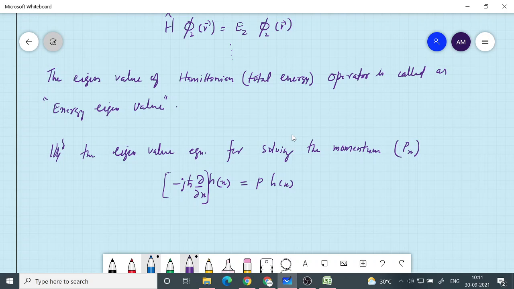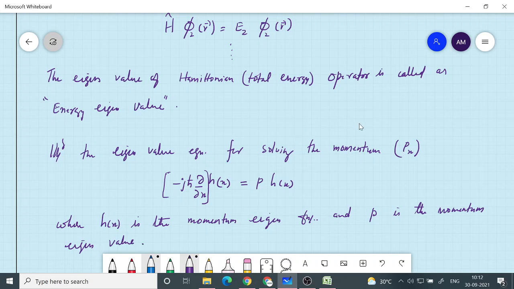I already told you the operator corresponding to p x is minus j h cut d by d x. That operates on h of x, and if you solve this, you will get the momentum eigenfunction, where h of x is the momentum eigenfunction and p is the momentum eigenvalue.